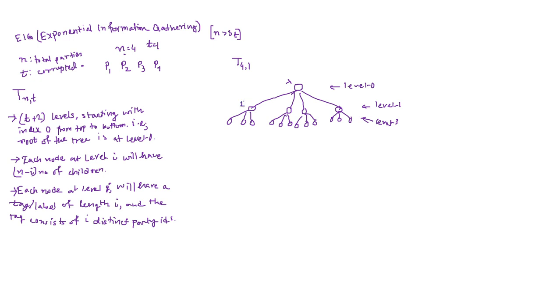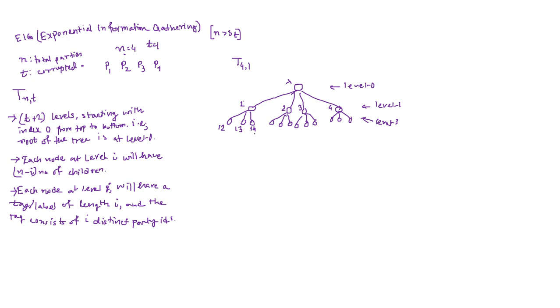All these nodes have a tag of length 1 and they are distinct. Now coming to the next level, each of them will have a tag of length 2. So I am writing them as 1 2, 1 3, 1 4.